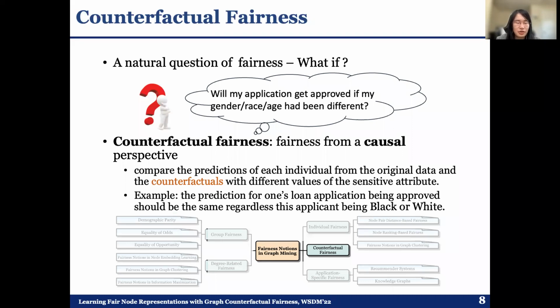This is the motivation of counterfactual fairness, which is defined from a causal perspective. Counterfactual fairness tries to compare the predictions of each individual from the original data and its counterfactuals with different values of the sensitive attribute. For example, the prediction for one's loan application being approved should be the same regardless of this race information being black or white.